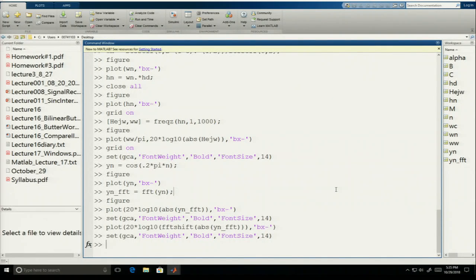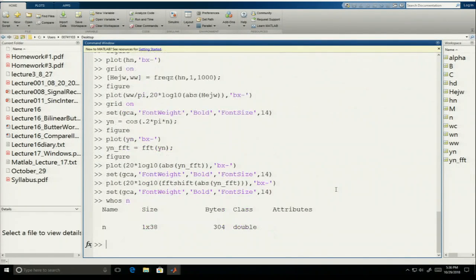Now I guess the second part of this is, let's see, what was N? Yeah, 38. So let's make a frequency axis variable that goes from minus pi in steps of 2 pi over 38.